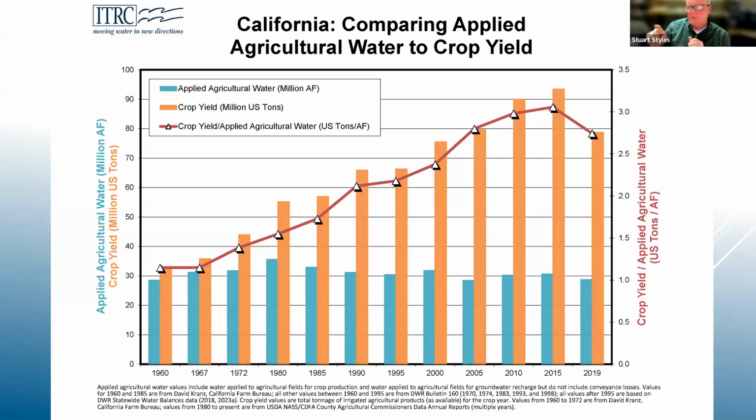And then the red line represents an efficiency calculation, or a uniformity calculation, however you want to say it. It's a ratio analysis between the crop yield versus the applied water. And it's all been great. And I've done this for years. Some guys did it up through the 90s, and I continued it up through 2015, and it was always going up. And then what we've seen in 2010 to 2020 here is things are starting to level off.